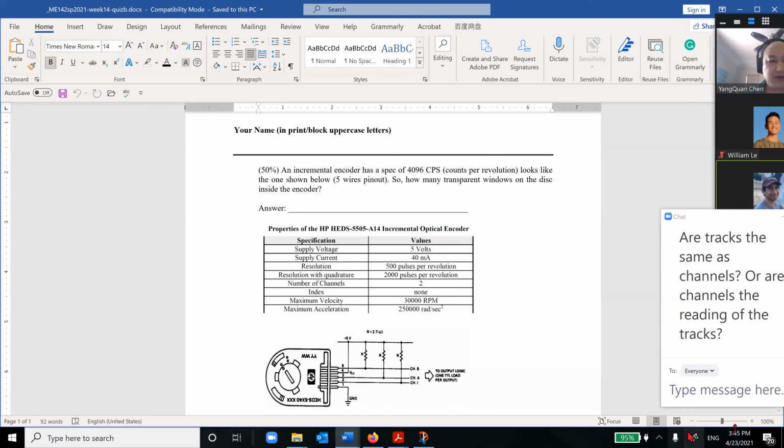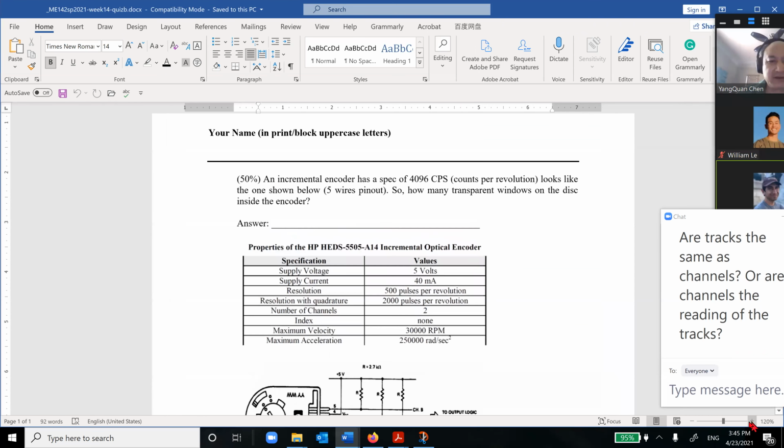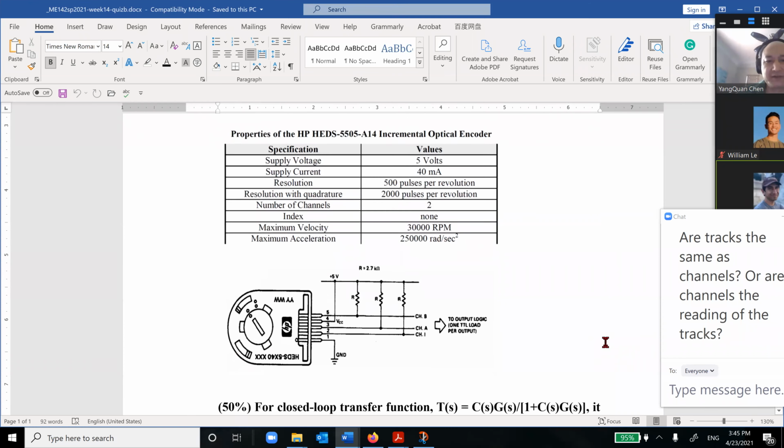But here I want to give you some more detail. You can see usually you have 5 pins. You have channel A and channel B for those windows on 1 track. Then you have another channel I, meaning index, which gives 1 pulse per revolution. Then you have VCC, which is your 5 volts, and GND, ground.